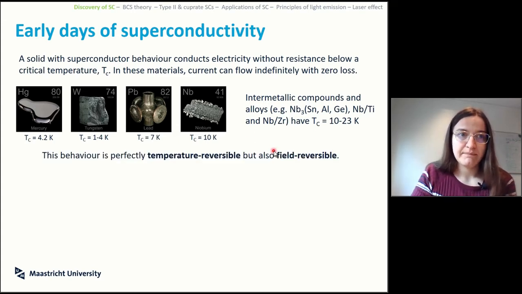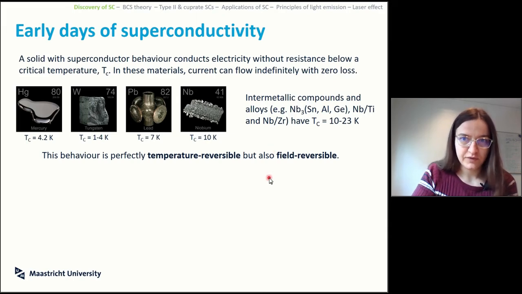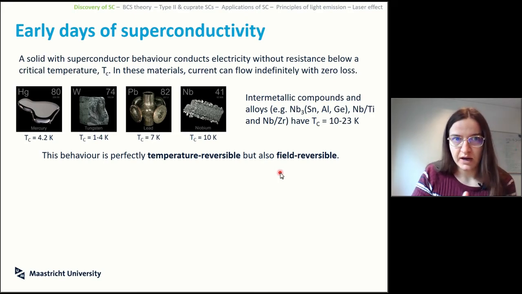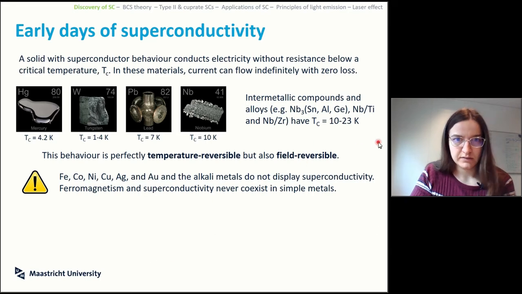Remember that this thing can be lost and gained with temperature and field, so this is reversible. You could raise the temperature and your material will lose the superconductivity, you cool it back again. This is also magnetic field dependent. There is a degree of periodicity in how these atoms actually behave, but remember that stuff like iron, cobalt, nickel, copper, silver, gold, things like that do not display superconductivity.